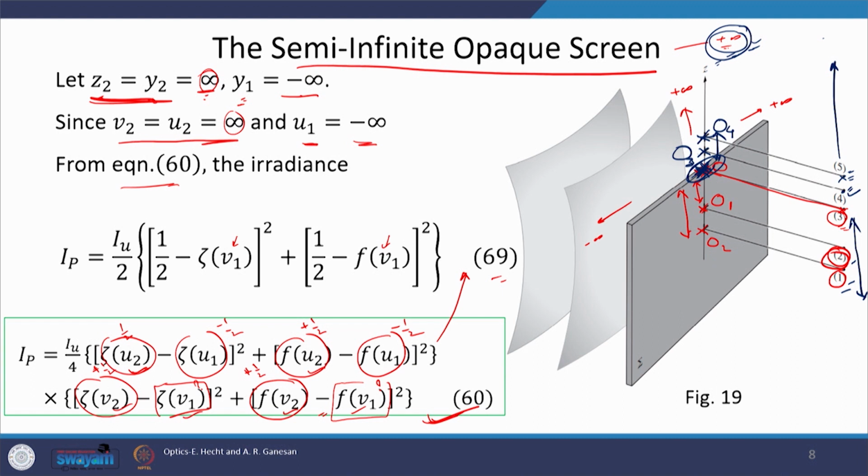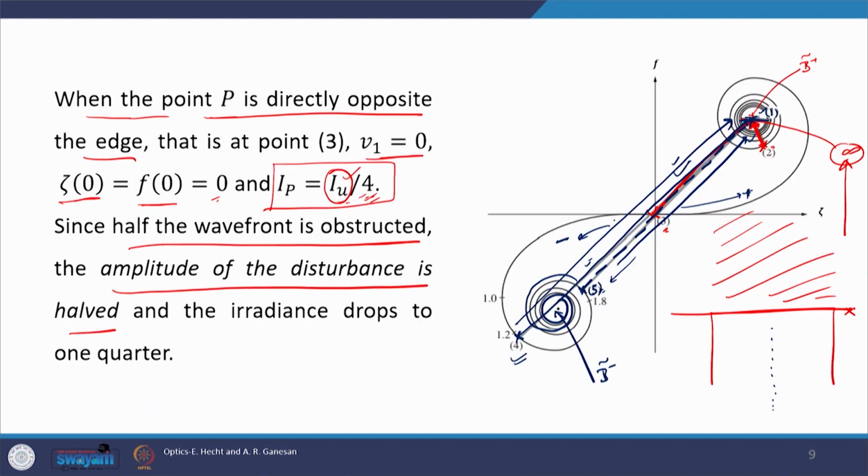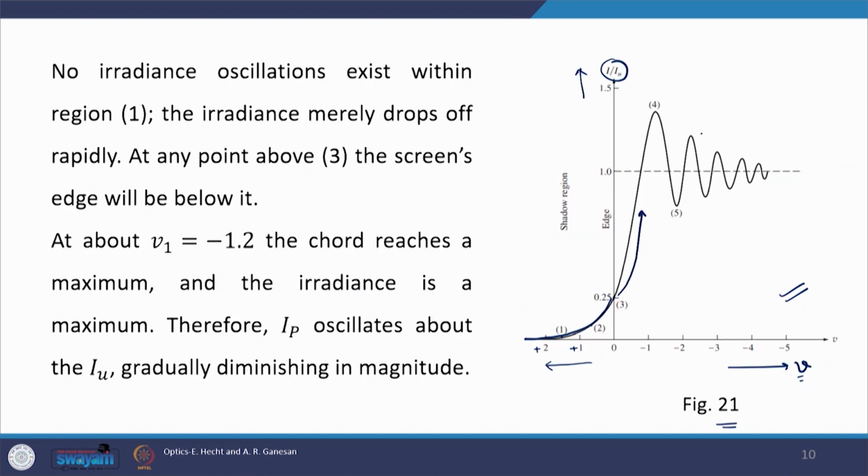If the coordinate of the edge is negative, we saw that the length of the phasor, which is plotted here, goes through several maxima and minima. Therefore, we will see oscillations in irradiance, and these oscillations are shown here. This is the position of point 4, the irradiance at point 4, and this point represents the irradiance at point 5. Several maxima and minima would be observed here if V is negative.